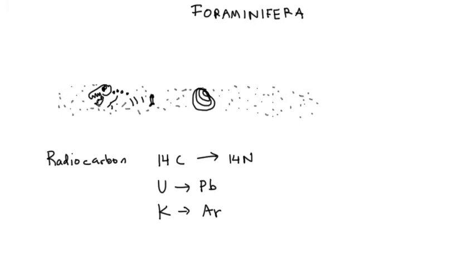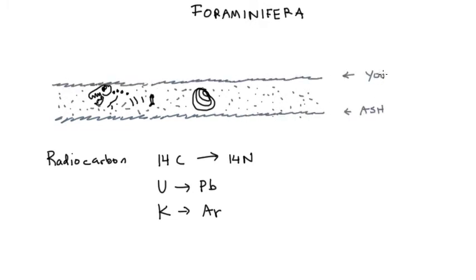The problem with these methods, though, is that the elements needed are not usually going to be found in the fossil remains themselves. However, layers of volcanic ash or lava flows can be precisely aged, and so the age of a sedimentary layer can be constrained by the age of the ash layers above and below it. And here's where the forams come into great use.